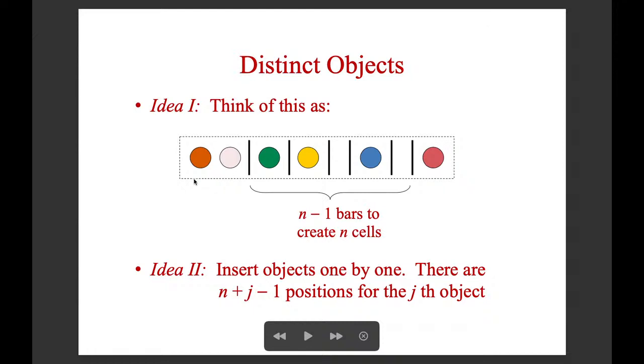This is the content in the first box, this is the content in the second box, the third, the fourth, and so on. Here the first box contains the orange ball and then the pink ball, and the second box just has the green ball. The third just has the yellow one. The fourth box is empty, and so on.